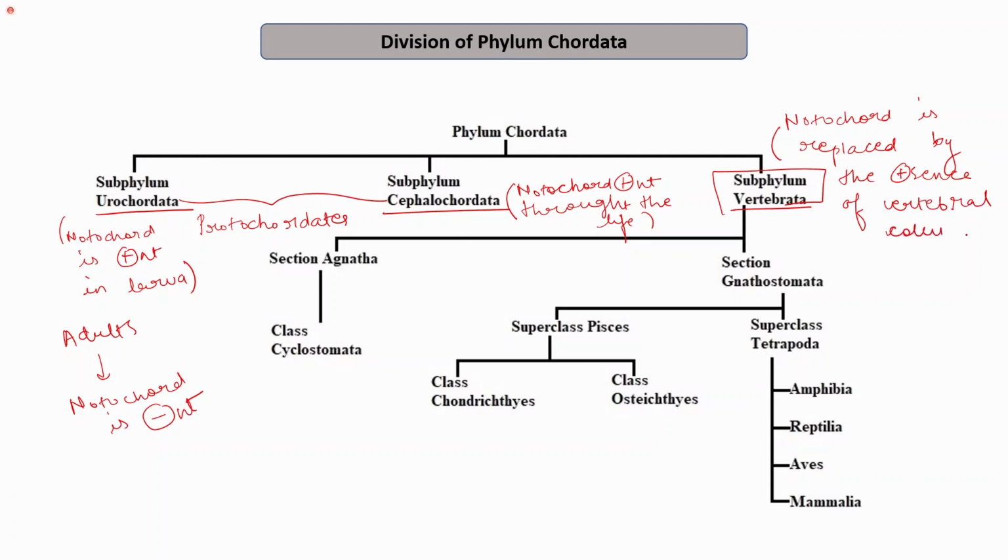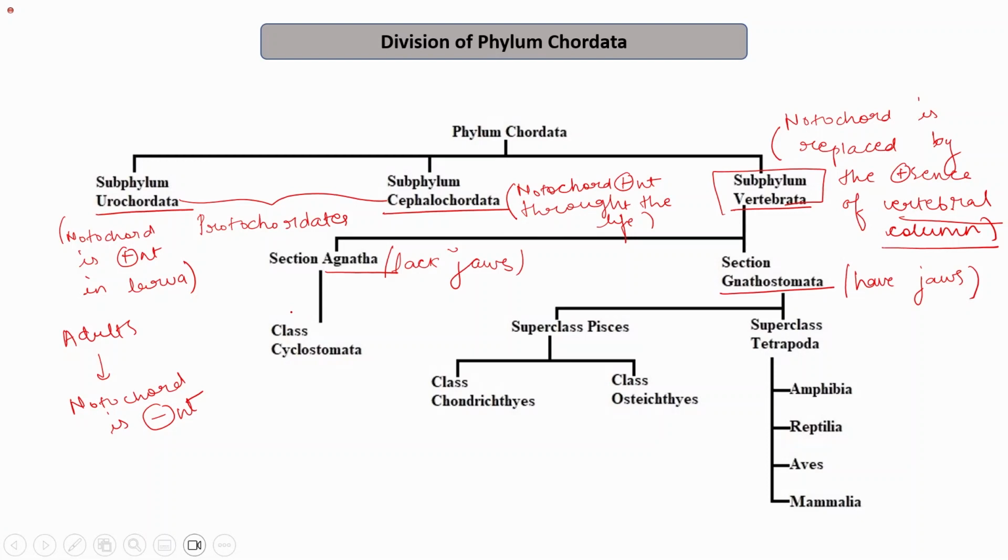The notochord is replaced by the vertebral column. The subphylum Vertebrata is divided into two sections based on the presence or absence of jaws: section Agnatha and section Gnathostomata.